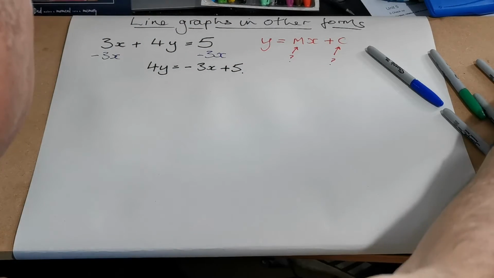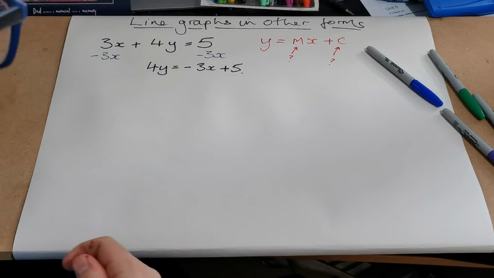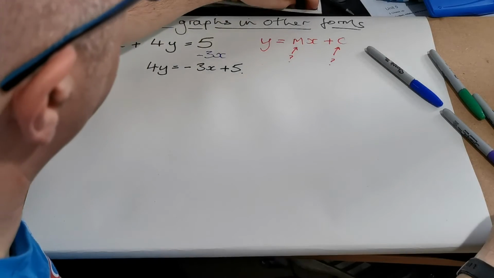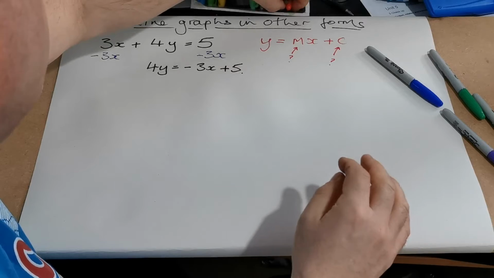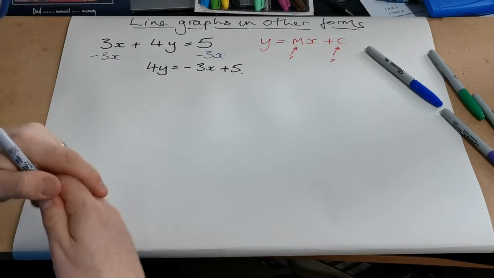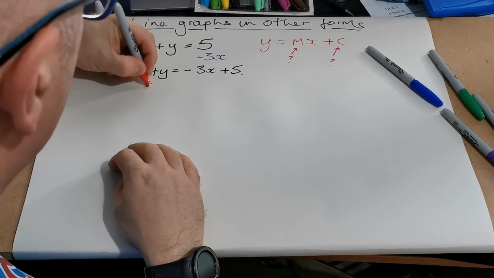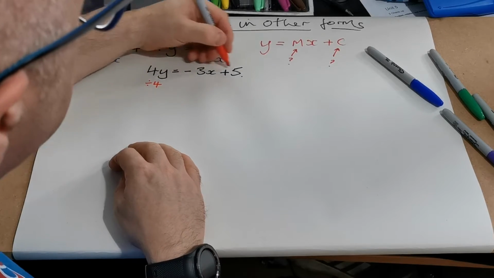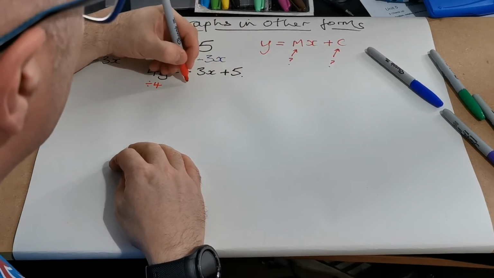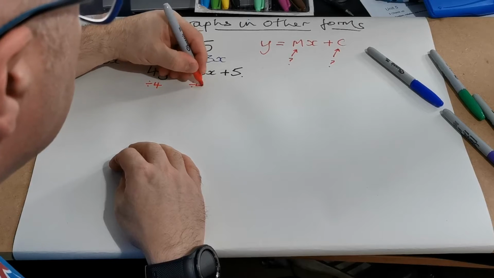And then here I should be thinking now about dividing both sides by 4, because I just want the y on that side. I'm going to divide by 4. But when I divide this side by 4, I have to make sure to divide all bits by 4.